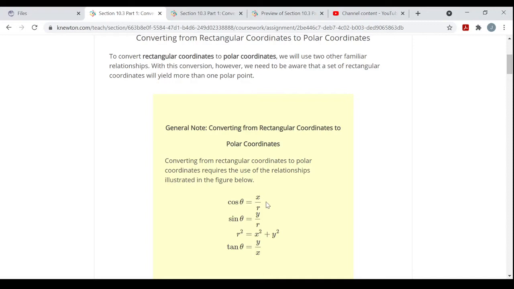And you've actually seen stuff like this before. It's been probably a little while now. R squared is going to be x squared plus y squared, and the tangent of theta is going to be y divided by x. So I'll draw a little picture up here showing you where these formulas come from.